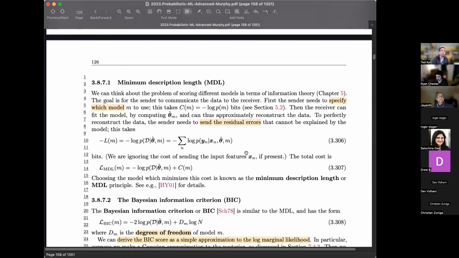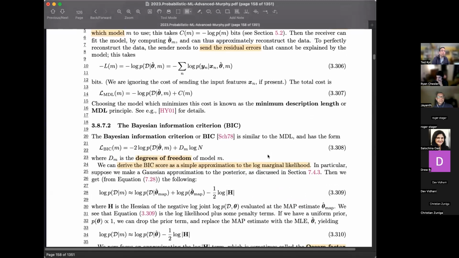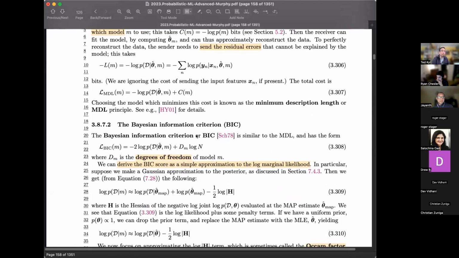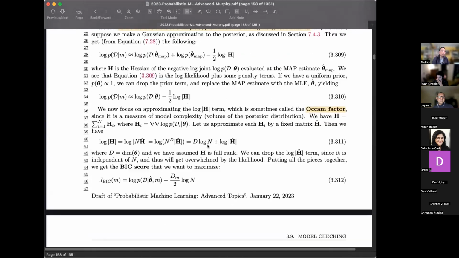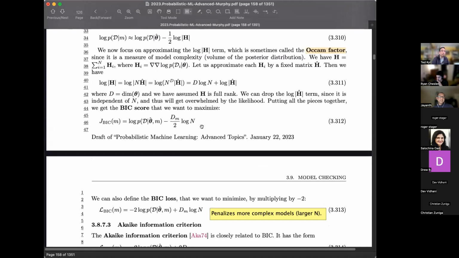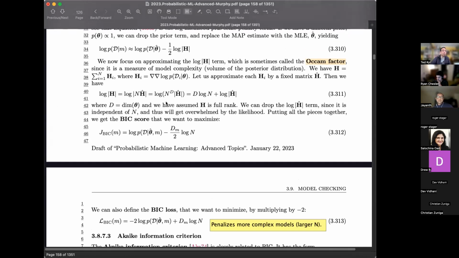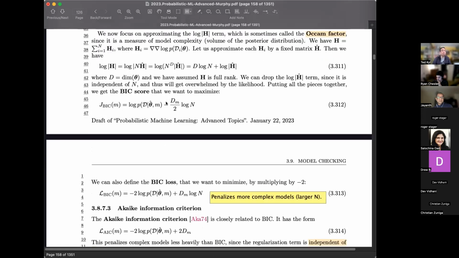MDL, the minimum description length, the Bayesian information criteria, BIC, which uses the number of samples that you have, and the AIC, which doesn't use the N. And here's a derivation of how you can get to BIC using a Bayesian approach.